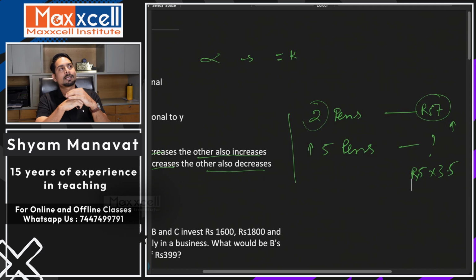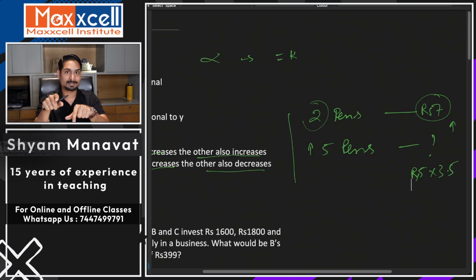Let's say if you put in more effort, if you study well, if you give quality time to your studies, you will score more. Your score in the exam will be higher. That is directly proportional. So as the quality of time given to studies increases, your score in the exam will also increase.